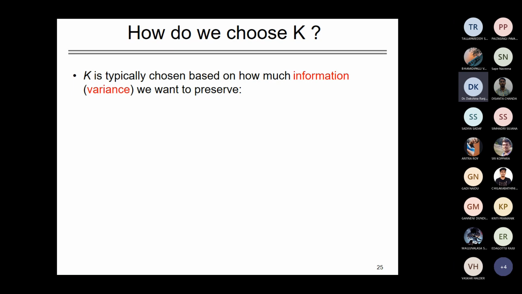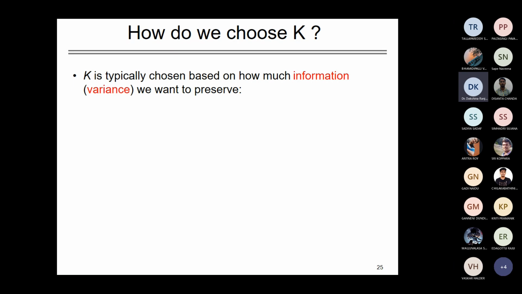K is typically chosen based on how much information we want to preserve. If we can represent the maximum variance with k number of eigenvectors, then we will choose a subset of n, and this subset of n can be represented by this k. That means if we get maximum variance along k principal components or k eigenvectors, then we will go for this k number of eigenvectors.